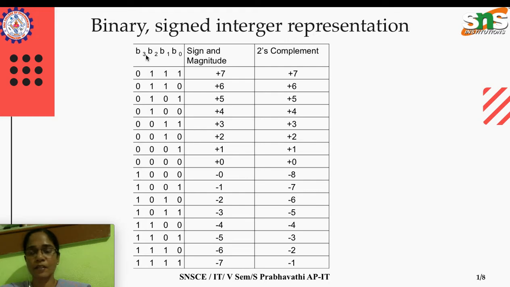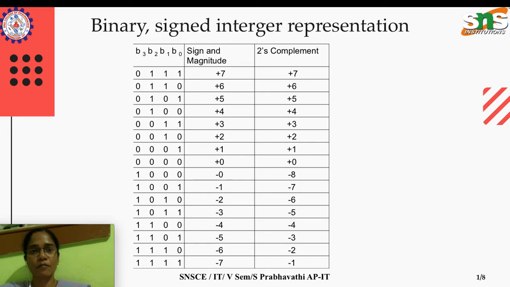As we discussed in the previous class, if a word is 4 bits, it can accommodate 16 words, is it not? 2 power 4 is equal to 2 into 2 into 2 into 2, which is 16.